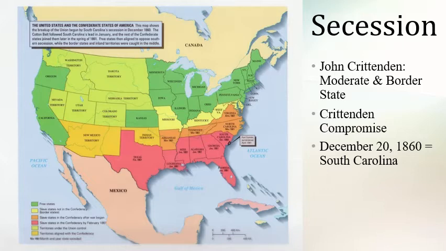Eventually, after this new nation was created, Arkansas, Tennessee, Virginia, and North Carolina eventually joined it. So as you can see here, we are now having a complete breakdown of America, a complete division of America.